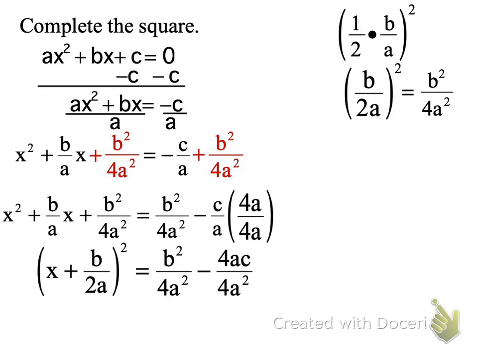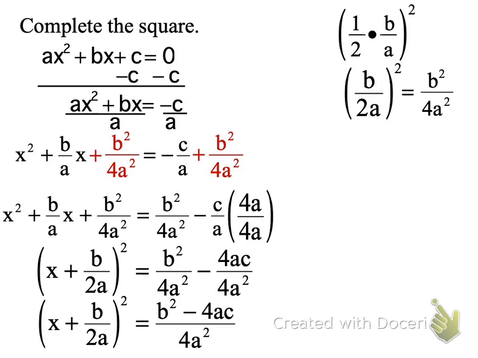We can just put it all over 4a squared. You don't have to do this in 2 steps. I probably would jump right to this. Do you understand? We don't need to write this one step here. It's the same thing once you know that. Am I going too fast?